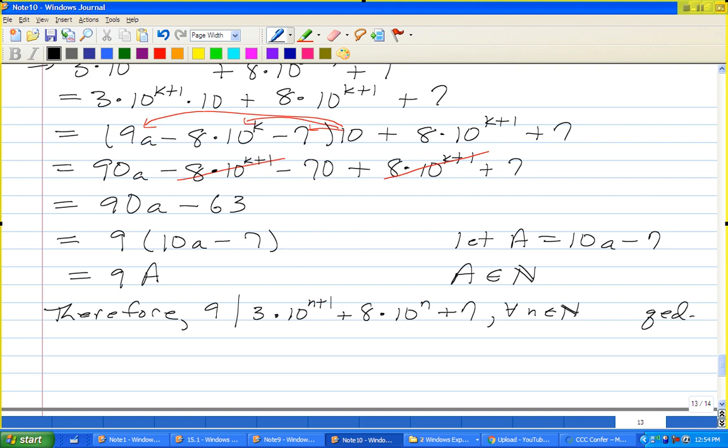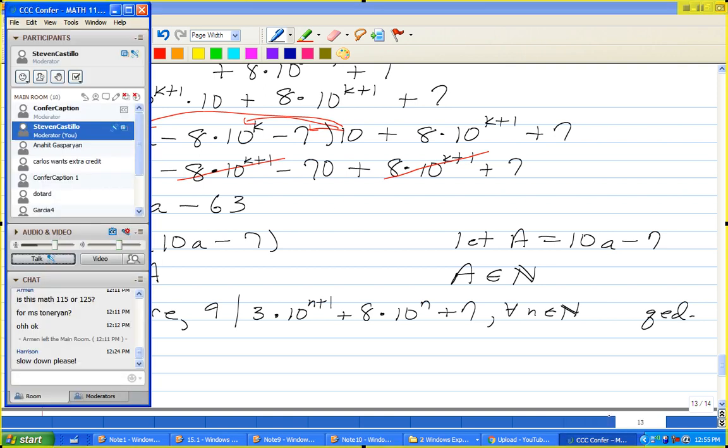Okay. So, let me just check. Are we supposed to end at 1? I think we are. To the moderator, sorry, is this over at 1? Yes.